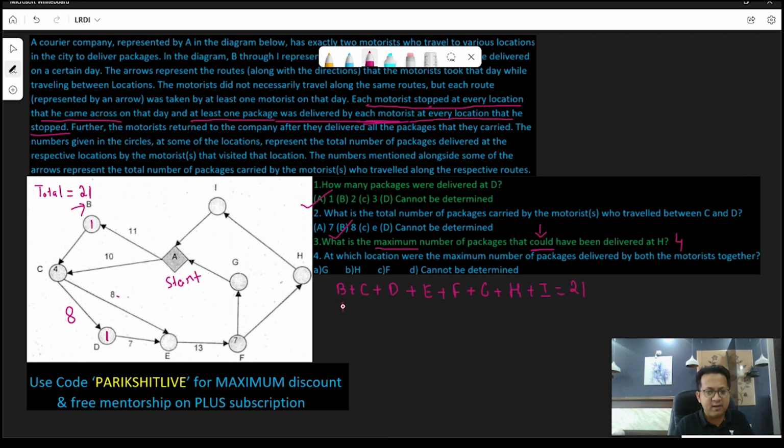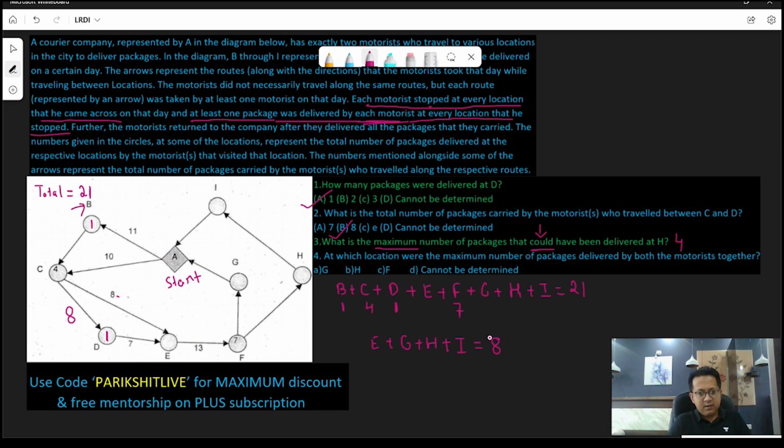So B is 1, C is 4, D is 1, E we don't know, F is 7. So what are the remaining numbers equal to? What we don't know is E plus G plus H plus I. Substitute the above values: 21 minus the remaining numbers. So B is 1, C is 4, 1 plus 4, 5, 5 plus 1, 6, 6 plus 7, 13. So this is 21 minus 13.